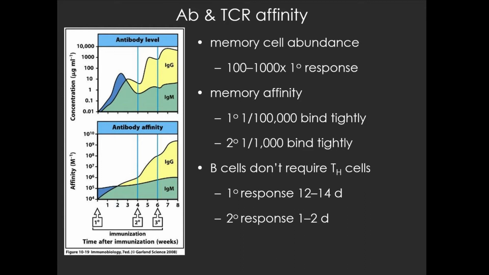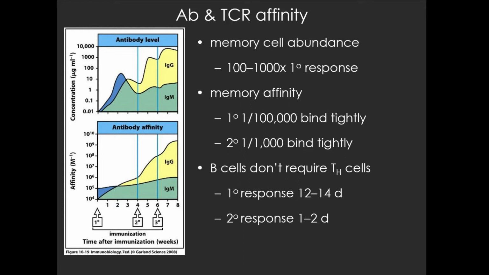Remember in chapter 17, we talked about the fact that initial infection, which caused T cell independent B cell proliferation, was very weak, right? Very slow, very weak, very short-lived, and didn't work very well. But B cell activation, which was T cell dependent, was much better, much stronger, had a higher affinity, and overall worked better.